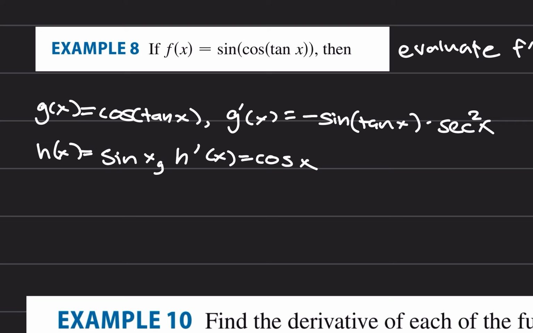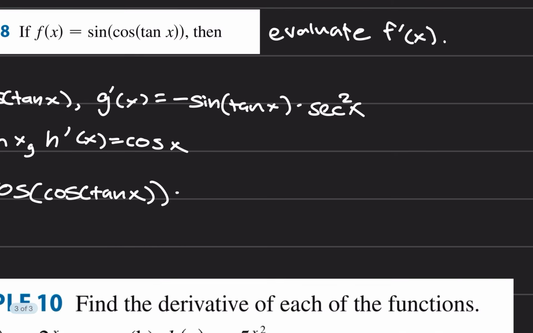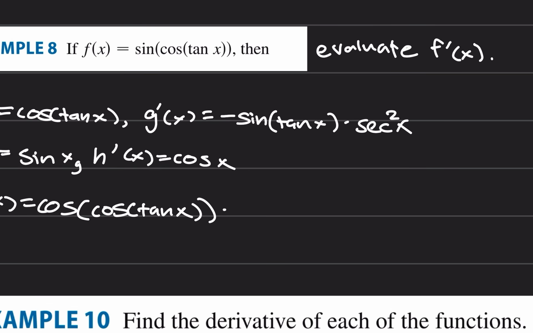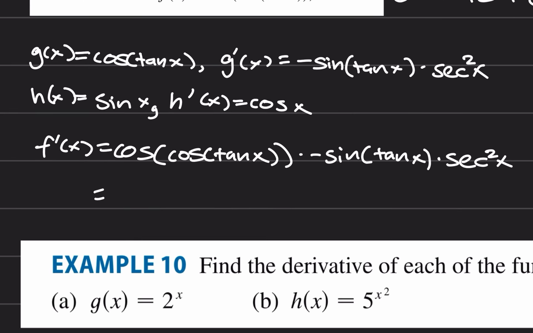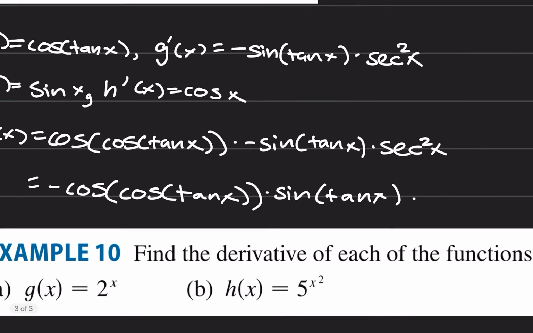Okay, so f prime of x is going to be equal to, we do this, cosine of, and then we do our inner function, cosine of tangent, I know a lot of cosines, times g of x, times g prime of x, which is this. Okay, and we can simplify this a little and just pull things from the outside. I'm just going to move the minus sign to the front. And right here is our answer to this whole question right here.